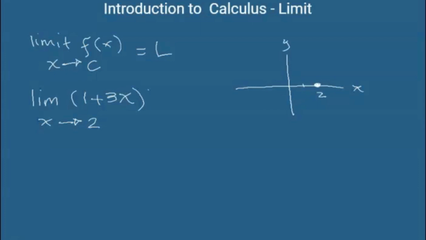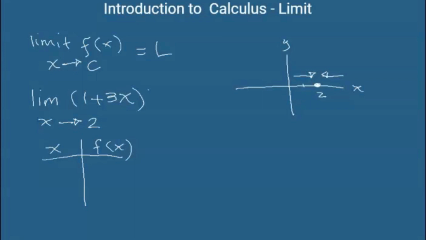So we can have values of x that approach 2 from the left and values of x that approach 2 from the right. Okay, let's do that. Let's make a table. So let's start from the left.